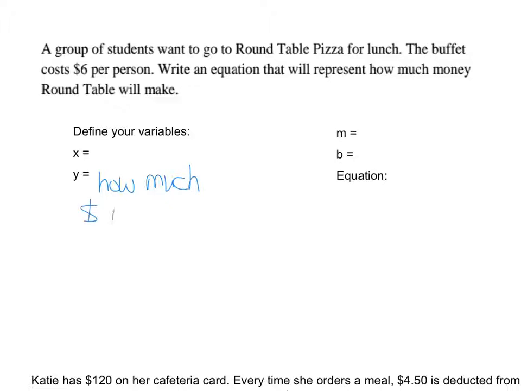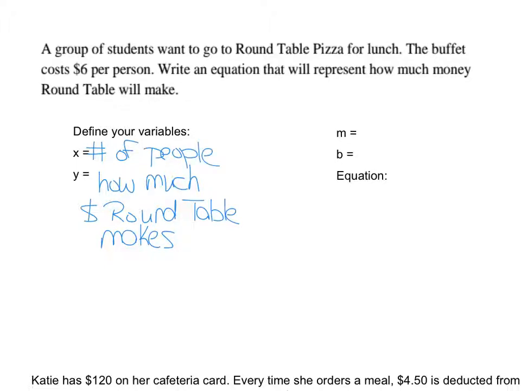So how much money Round Table makes, that's the dependent variable. What does it depend on? Well, it depends on the number of people, right? So that's x. X is the number of people. X is what is independent. We don't know if there's going to be one person or 500 people, okay?